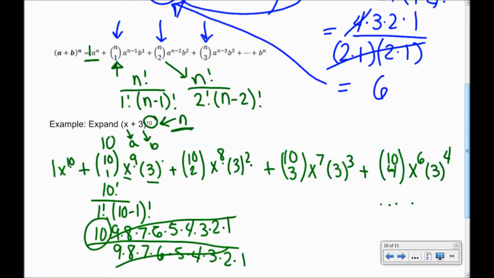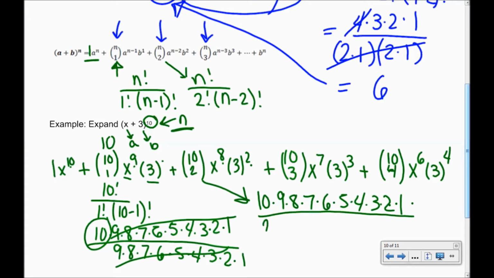Okay, 10 choose 2. Same idea. So you'll do 10, and that is over 2 factorial, so 2 times 1, and then times 8 factorial, right? 10 minus 2 is 8, so 8 times 7 times 6 times 5, 4, 3, 2, 1.